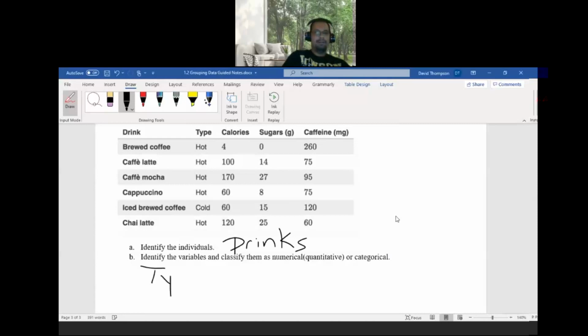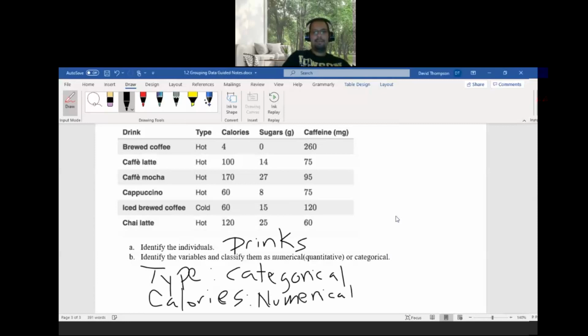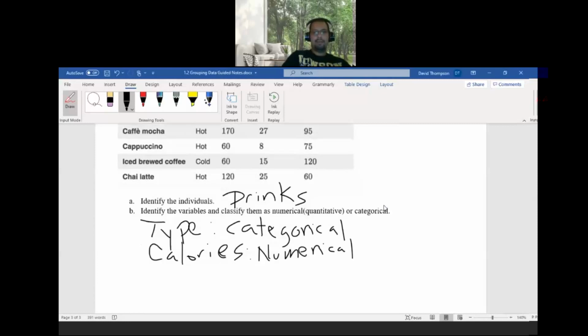So our first variable is type. We can't count that, so that will be a categorical variable. Our next variable will be calories. We can count calories, so that would be a numerical variable. Our next variable will be sugars, which again we can count.